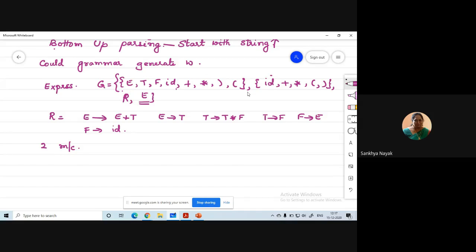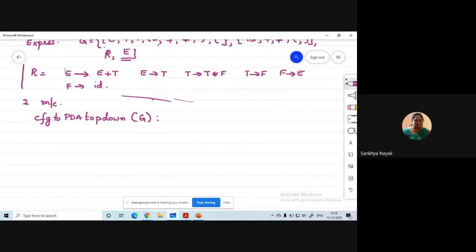Let us first write CFG to PDA, and let us start with the top-down approach. The input to this top-down approach will be the grammar, and this is the grammar that we are going to use. So basically we are going to convert this grammar into PDA.